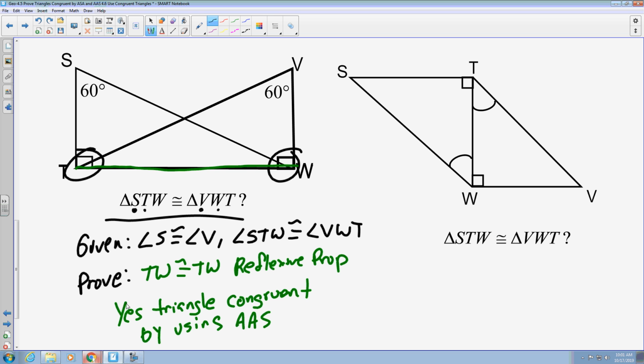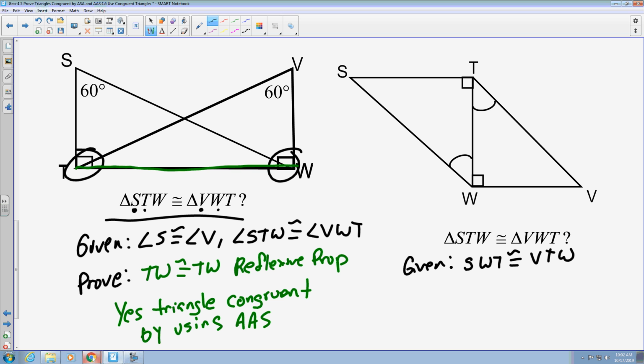Looking at the next diagram, again, they're trying to say is STW congruent to VWT. Again, we have to figure out what is given to us. So it looks like angle SWT is congruent to angle VTW because they both have those hash marks.